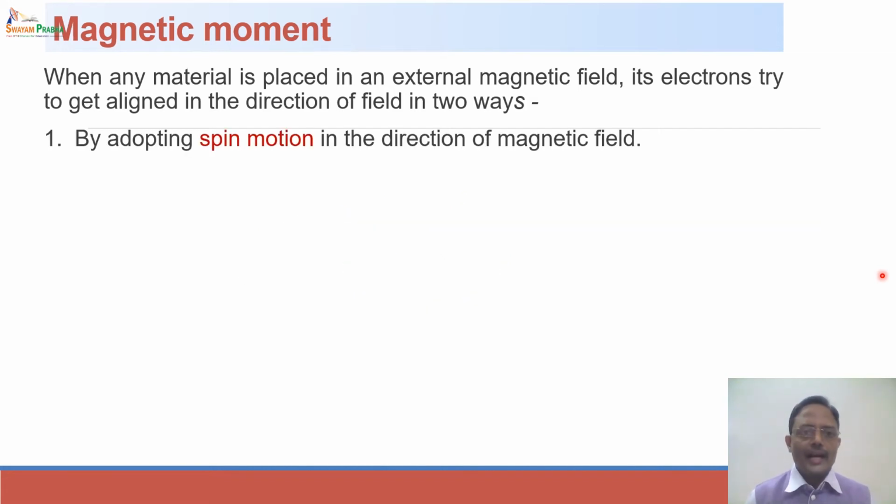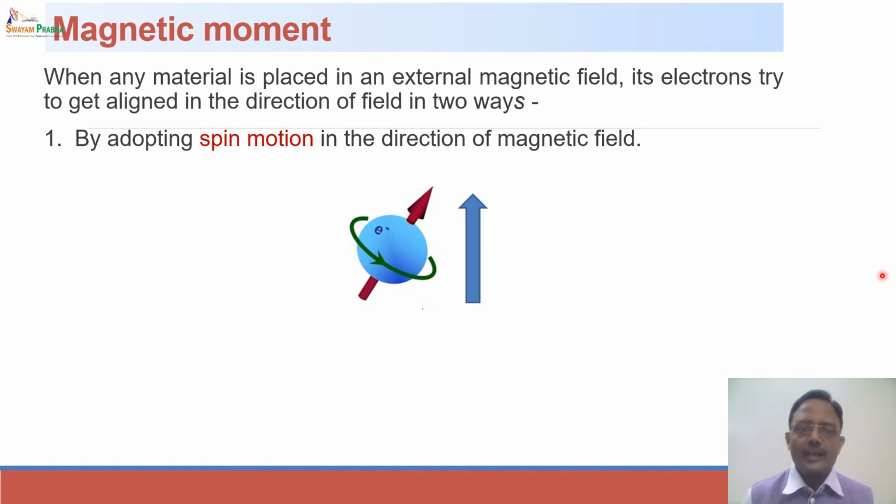So it can adopt spin motion in the direction of the applied magnetic field as well as orbital motion. We will see how the spin motion can be aligned in the direction of the magnetic field. So if we have a tiny bar magnet like an electron and we apply an external magnetic field, now this has a spin motion. As a result, it behaves as a tiny bar magnet with its magnetic moment aligned in a particular direction.